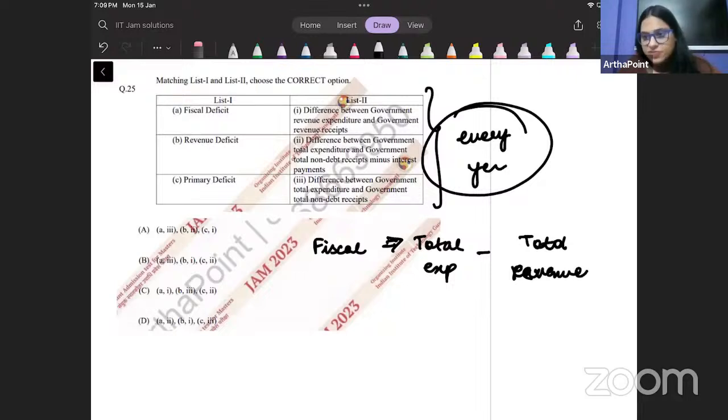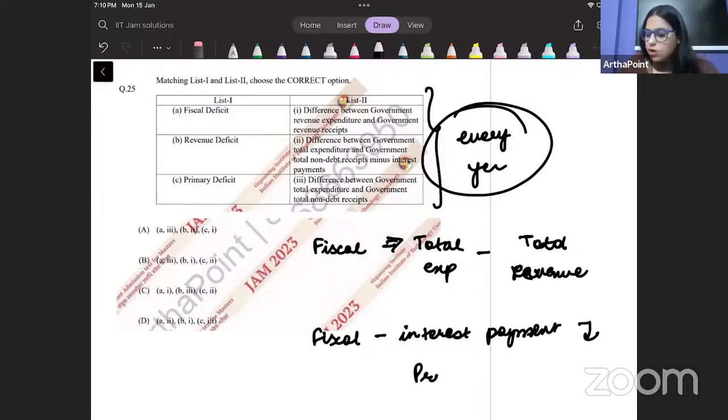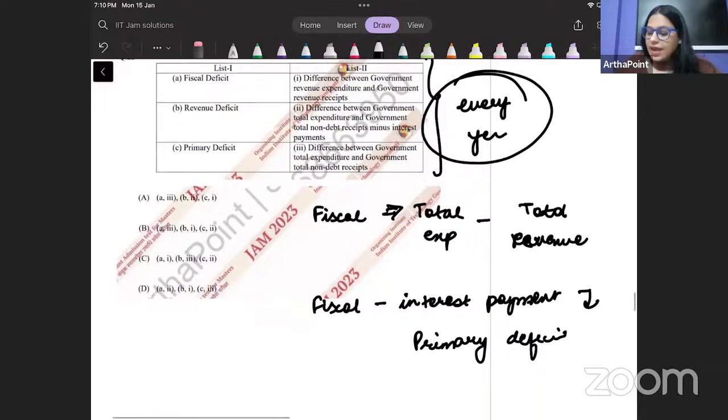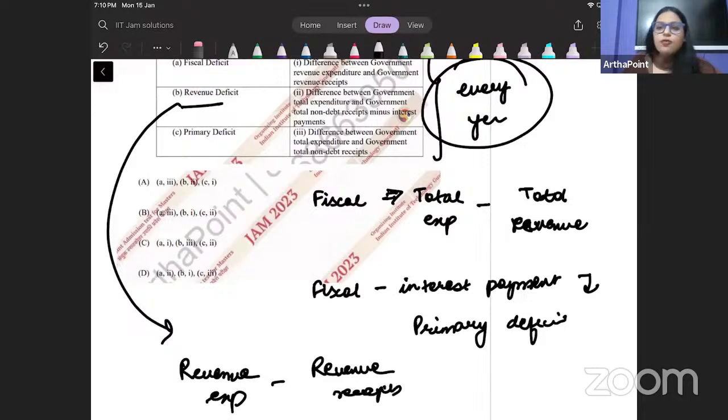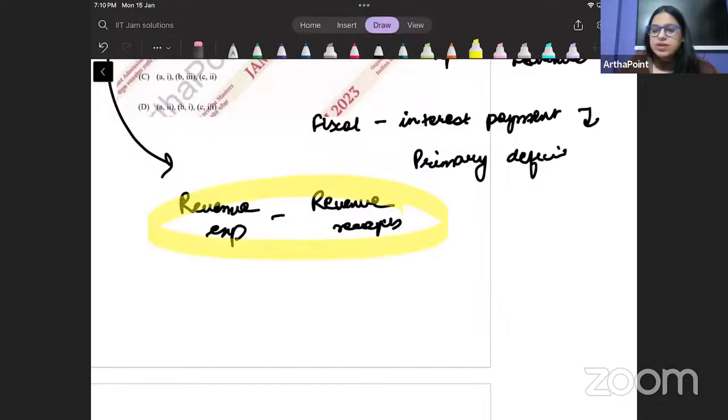If from fiscal deficit, you will go ahead and subtract the interest payment, then what you will be getting will be called the primary deficit. And revenue deficit is only when you have revenue expenditure minus the revenue receipts.